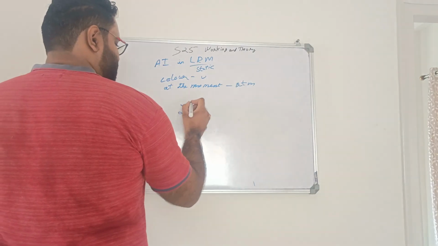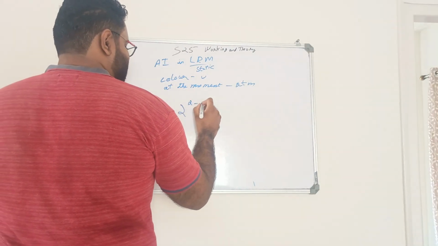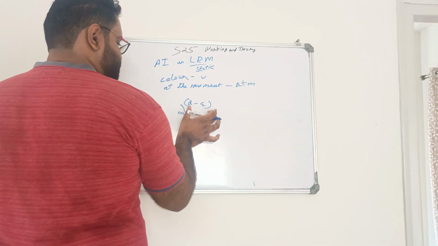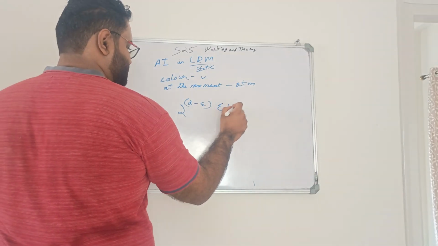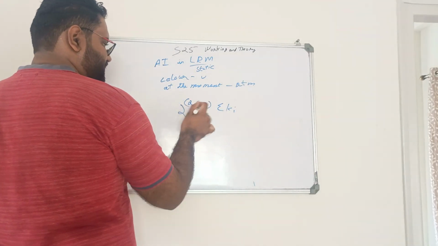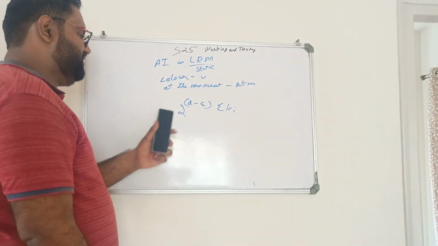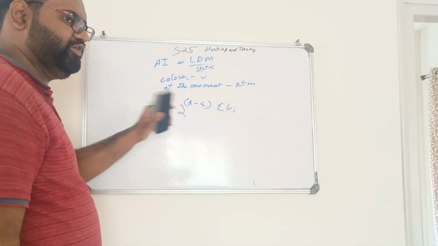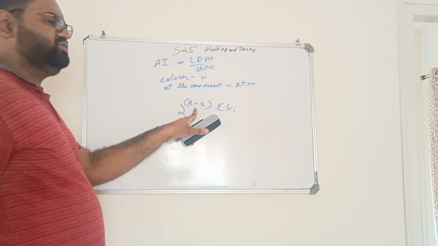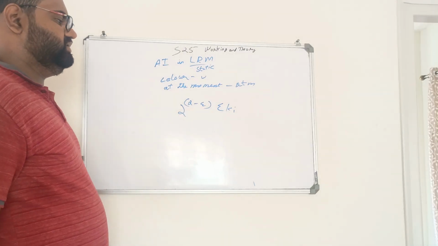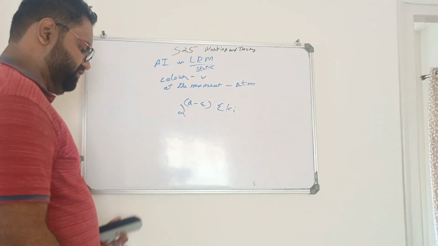So we have 2 to the power alpha minus epsilon, times summation of ki. This metric is going to be directly under control when I'm changing both epsilon and alpha. Alpha is the number of bits and epsilon is the entropy of the language.